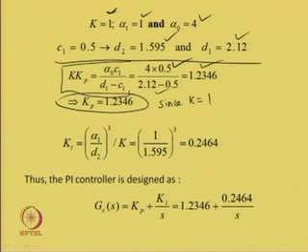Similarly, using the next expression, KI is equal to alpha 1 upon D2 to the power 3 upon k, which gives us KI as 0.2464. Thus, the PI controller is designed as Gc(s) is equal to Kp plus KI upon s, which is 1.2346 plus 0.2464 upon s.